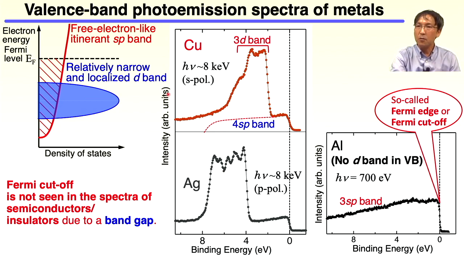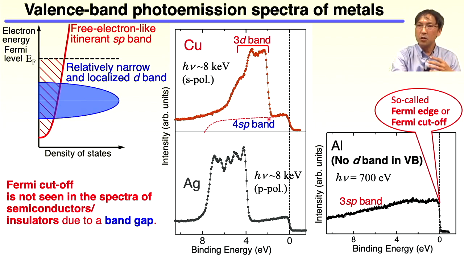In the spectrum of copper, a strong spectral weight is seen in the binding energy from 2 to 5 electron volt. This is due to the localized 3d band contribution, where the free electron-like 4sp band contribution is seen like this one.